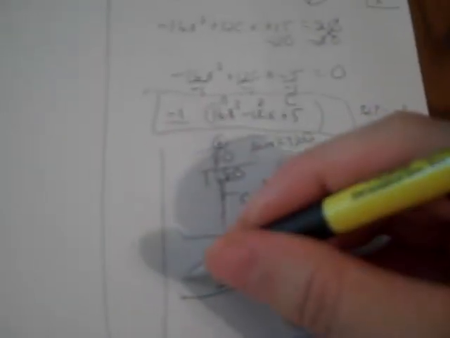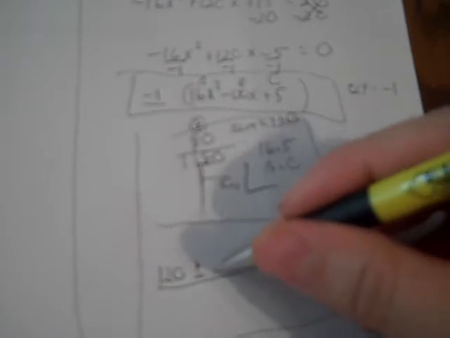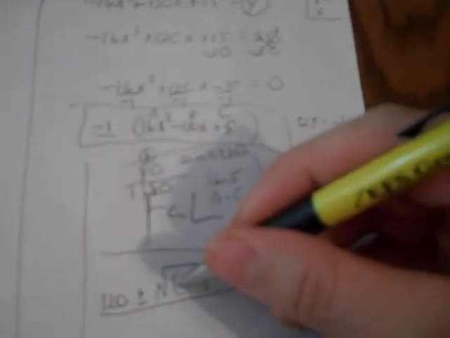Okay, what's the opposite of the B? 120. Square root, parentheses to the second, minus 3 parentheses in a row. And we put 4 here. Okay, so B is negative 120.